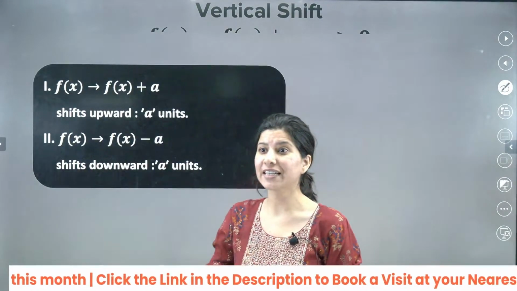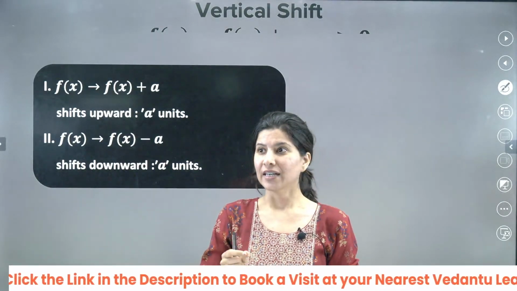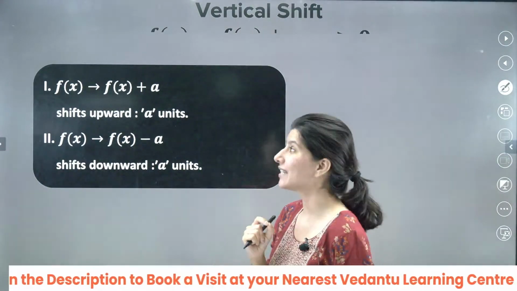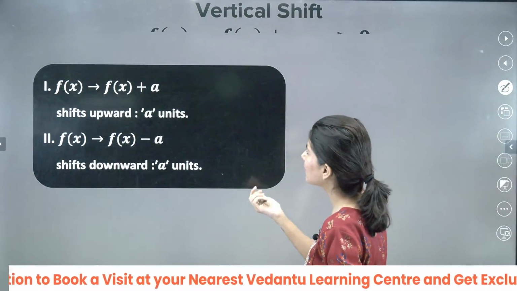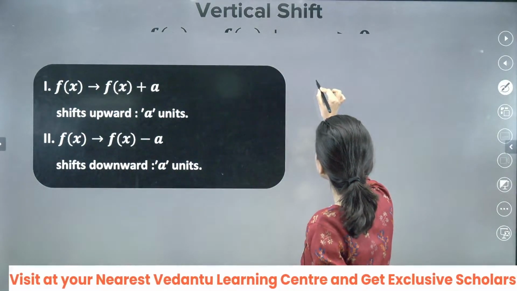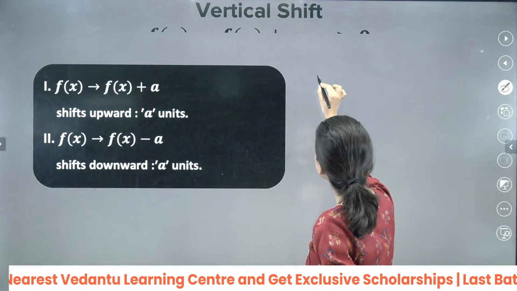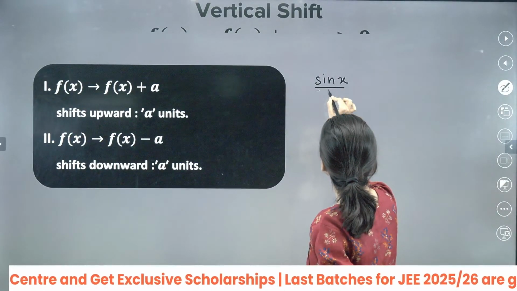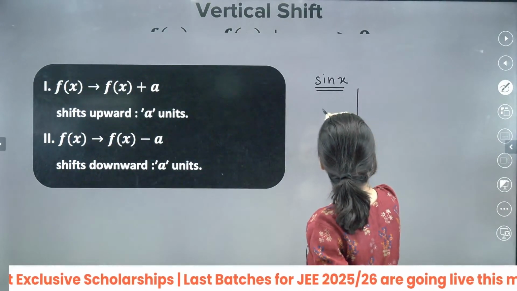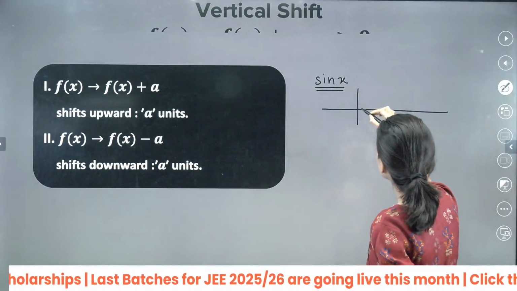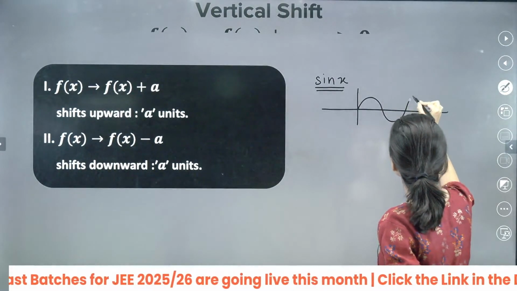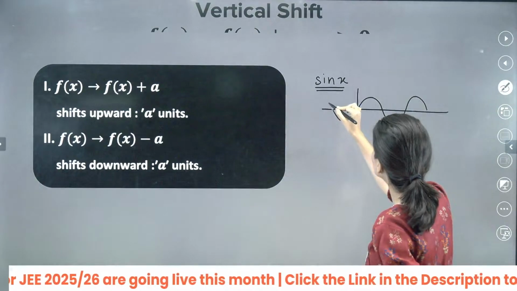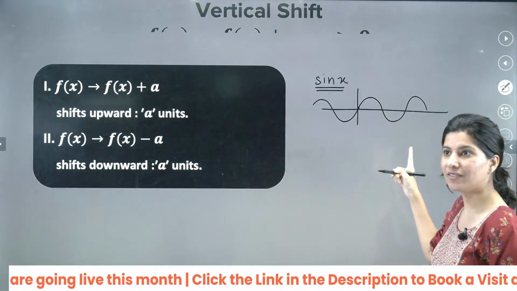Now, vertical shift graph, or upward shift graph. Please understand that. Suppose you are having a function, say sin x. How does the sin x graph look like? Tell me. Yes.